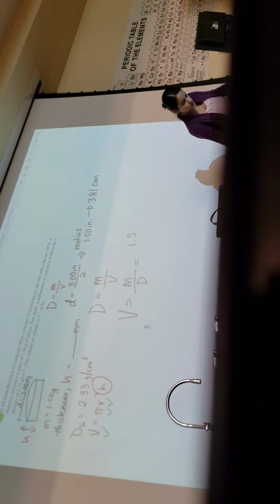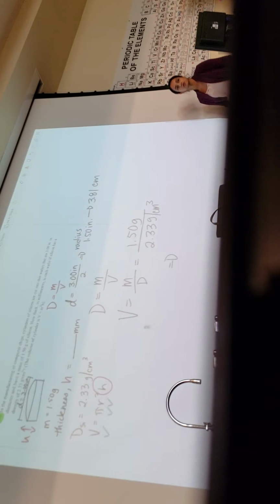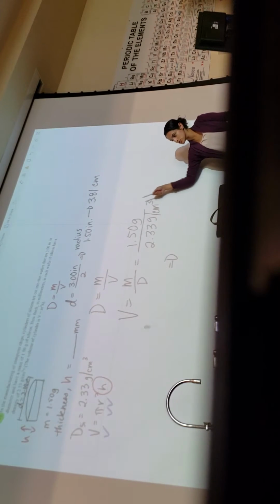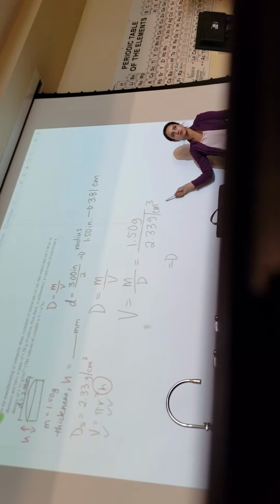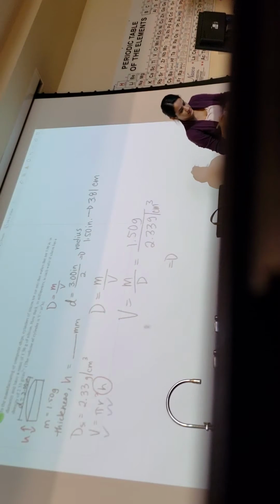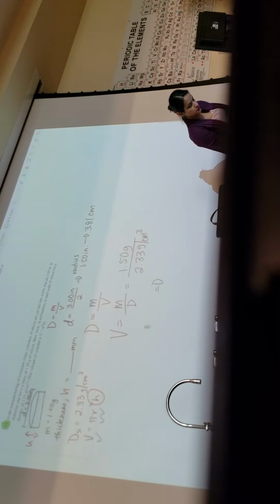And are these correct units? Am I good to just divide the two? No. Why can't you just divide these two? Well, you're solving for V, right? Grams cancel, you're left with 1 over 1 cubic centimeter, which is cubic centimeter. So it is possible for you to do that.